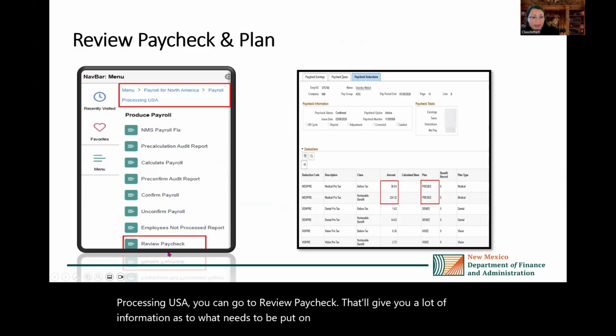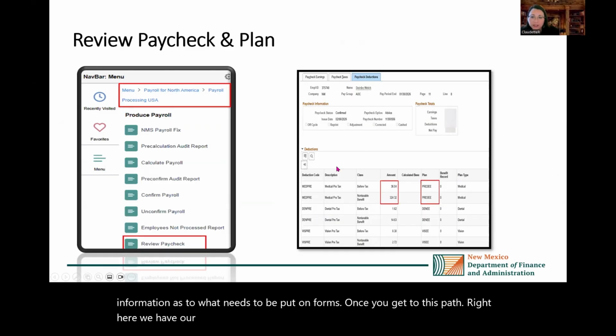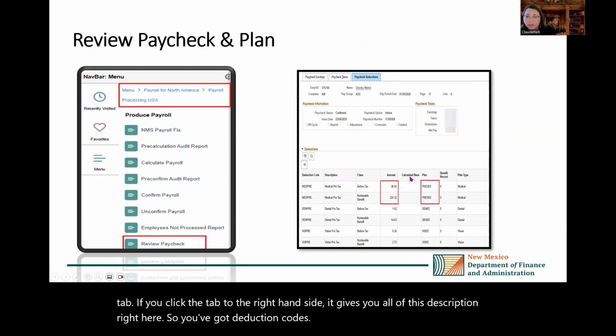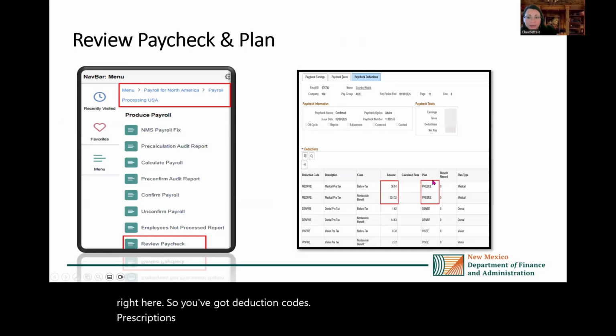Once you get to this path right here, we have our paycheck deductions. And there's actually right here, a little tab. If you click the tab to the right-hand side, it gives you all of this description right here. So you've got deduction codes, descriptions, class, amounts, and your plan type. This plan type is going to be important for all of your information that you're going to put on your forms.